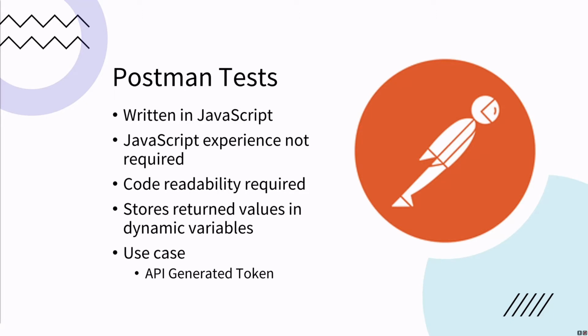Code readability is required though, so if you look at the JavaScript code that we use, you should understand what's going on. Even if you don't know JavaScript fully, it's somewhat self-explanatory. It stores return values in dynamic variables, and the use case we're going to be using is our API generated token from the Cisco DNA Center Always On Sandbox.